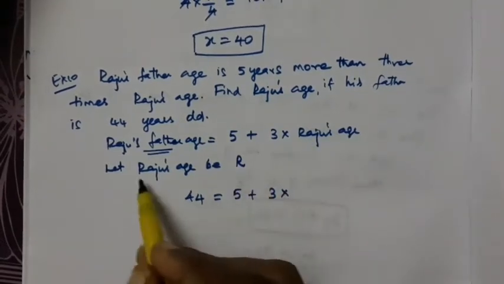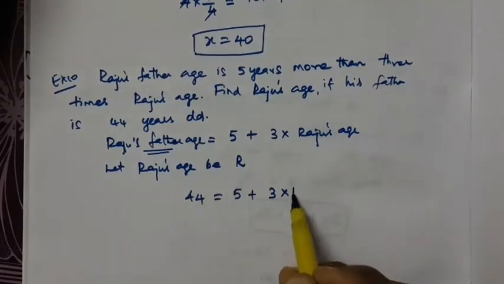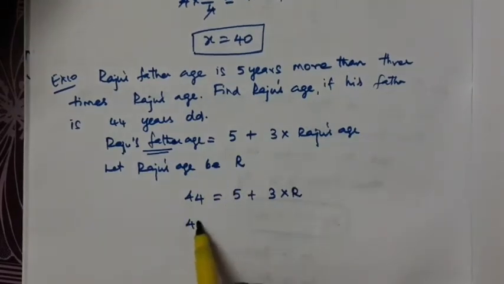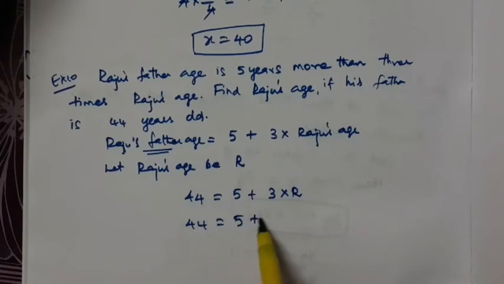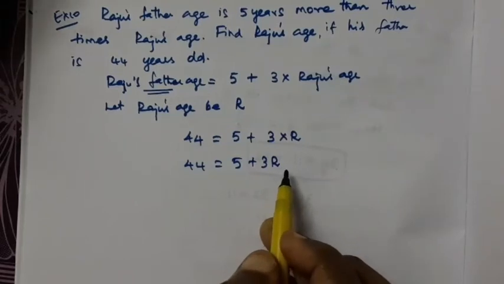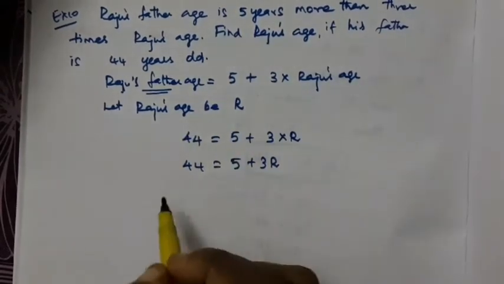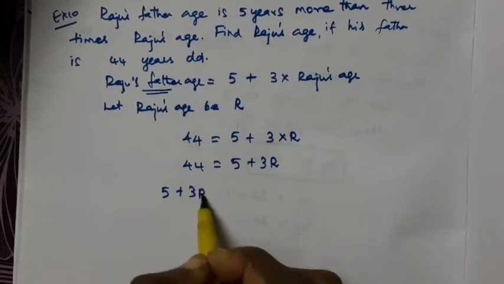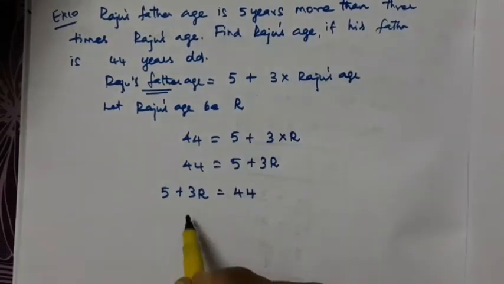Let Raju's age be R. So 44 equal to 5 plus 3R. We have to find Raju's age, which is R. So 5 plus 3R is equal to 44.